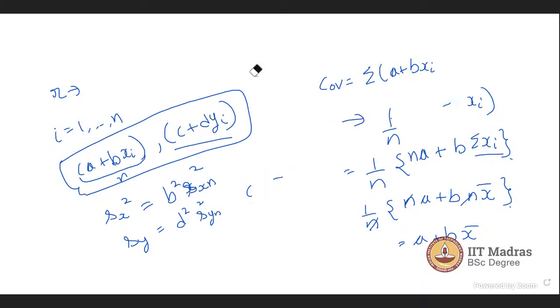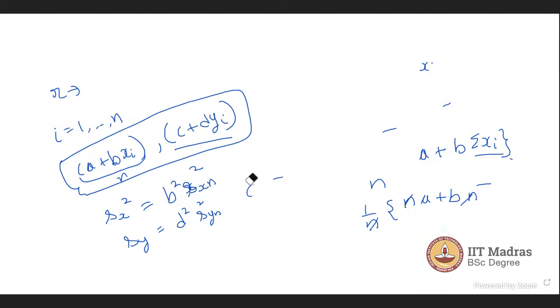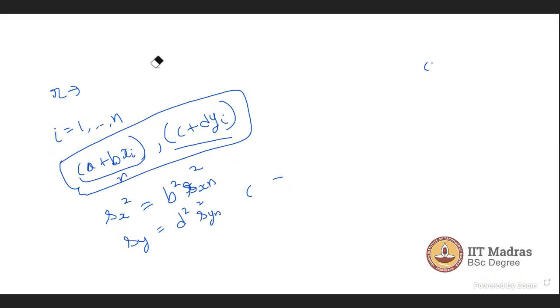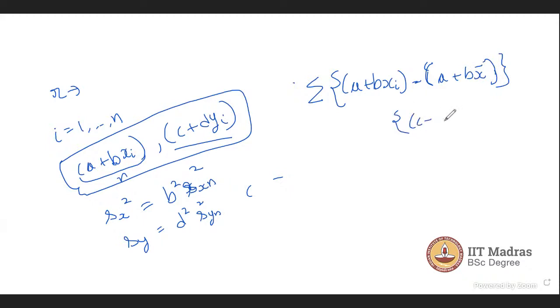Now we'll move to the covariance formula. I'm just solving the numerator. My new x is a plus b xi, minus its mean, a plus b x bar, and the product with c plus d yi minus c plus d y bar.